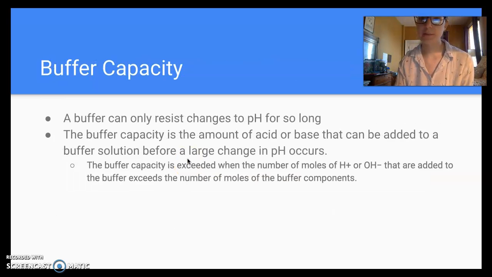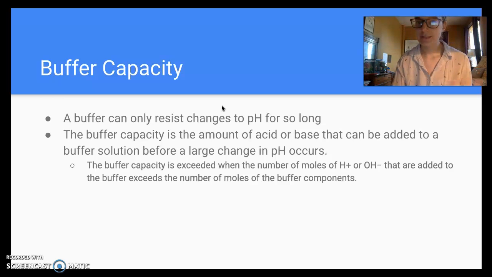There is something called buffer capacity. So buffers do not work, I don't want to say forever, but for any given amount of acid and base added. So if you keep adding acid, eventually the buffer can't do much. Or if you keep adding a base, eventually the buffer cannot do much.